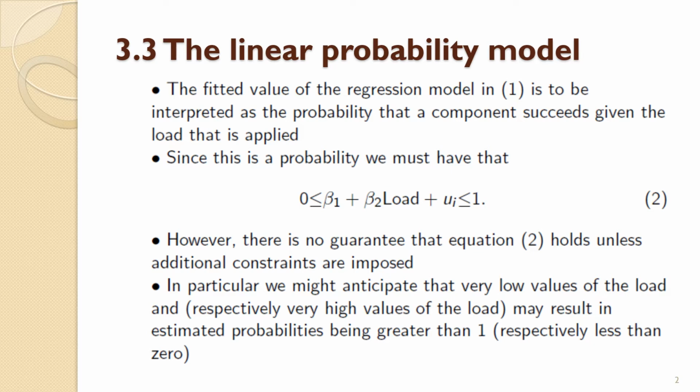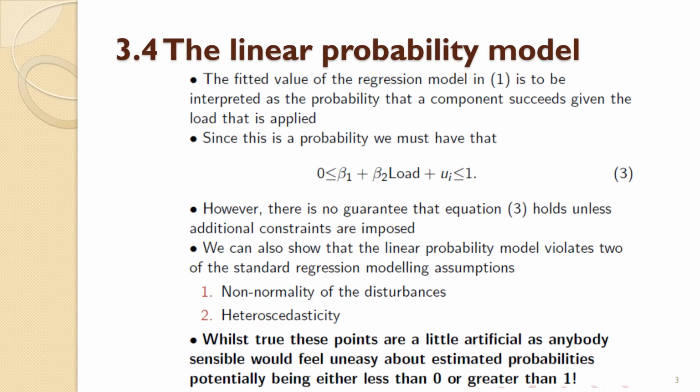So if the load is very low, you might have a success probability that's estimated to be bigger than 1, and if the load is very high, you might have a success probability that is estimated to be less than 0. Okay, from high school maths, these make bonkers probability estimates.